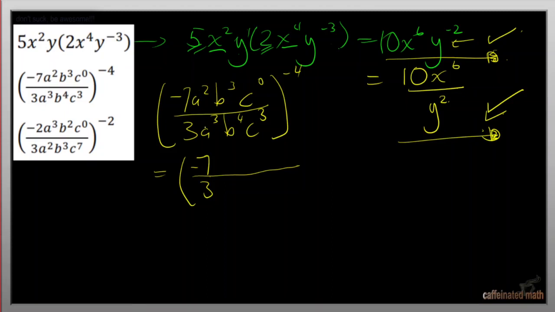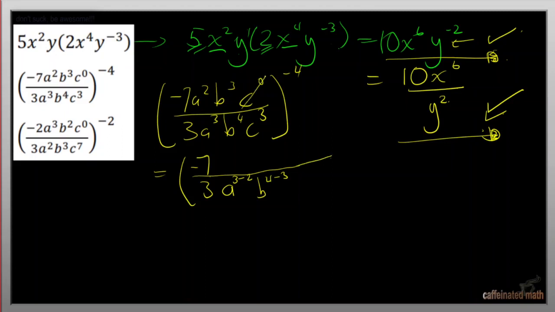Well, let's have a look at our a's. The biggest exponent is at the bottom, so I'm going to say a to the power 3 minus 2. For b we have the same case, so that's b to the power 4 minus 3.